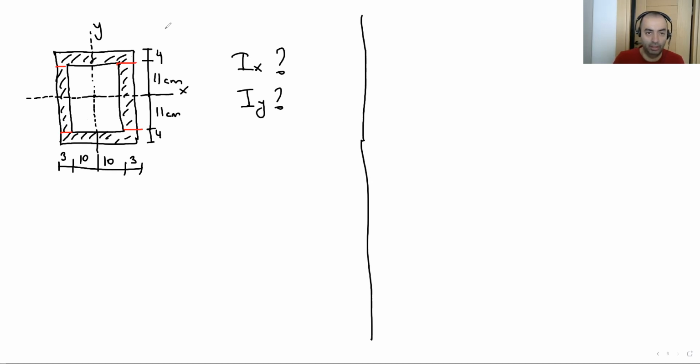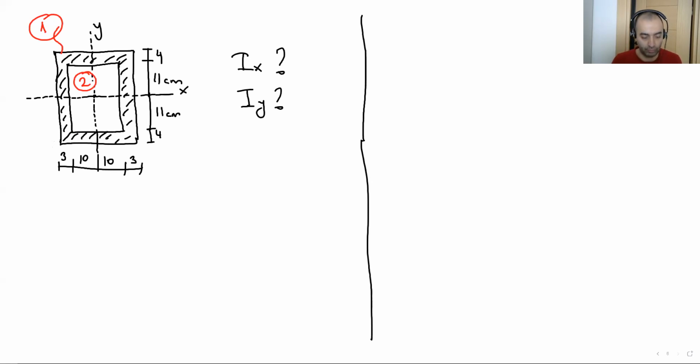What I'm going to do here is assume the whole complete rectangle as 1. This is 1. And this opening is 2. I'm going to remove this opening from the whole complete rectangle.